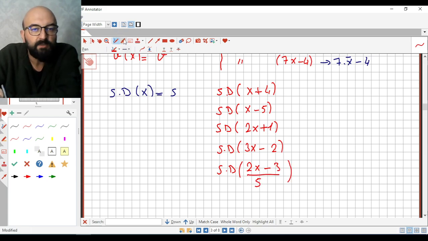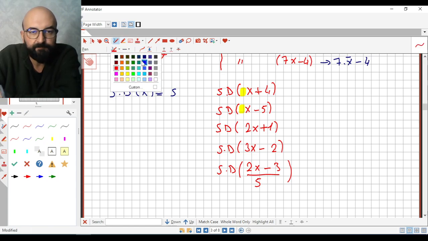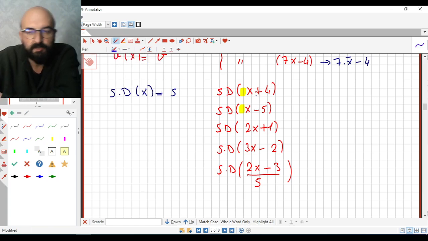Okay, please notice that x is multiplied by 1, because the factor of x is 1. So the standard deviation of x plus 4 equals 1 multiplied by s.